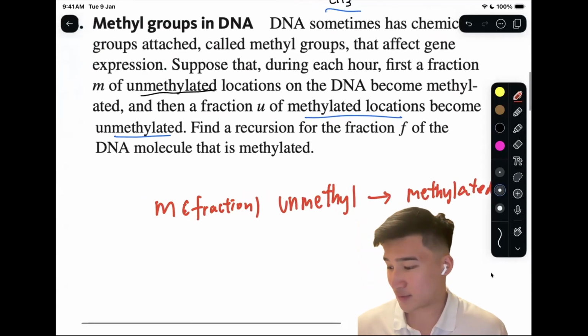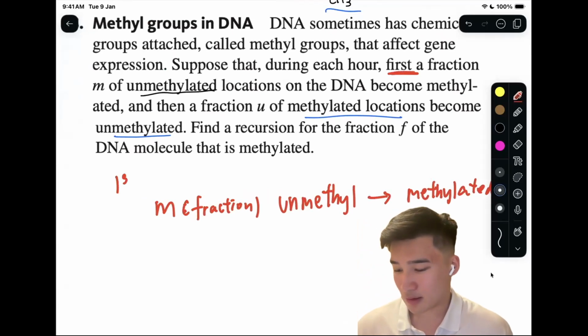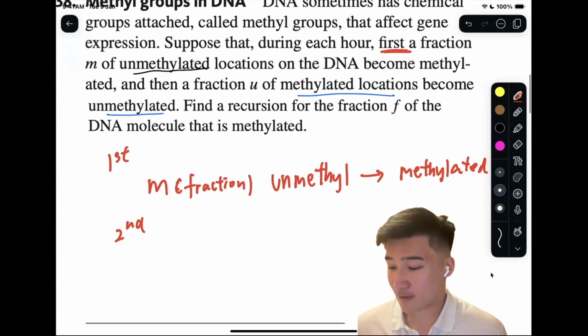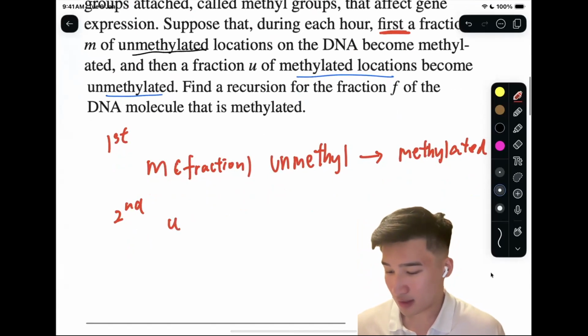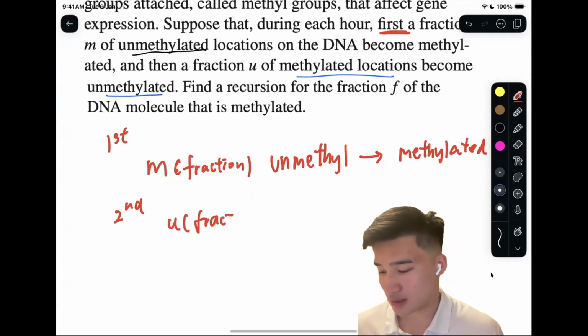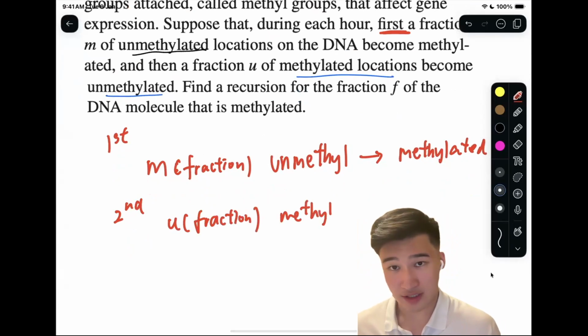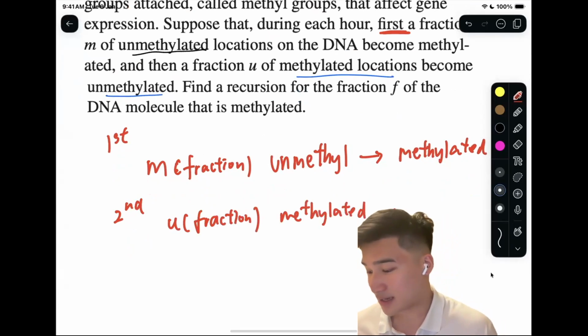And notice that it says first, so that's the first step. The second step is that a fraction U, again a fraction or percentage, of methylated locations becomes unmethylated.